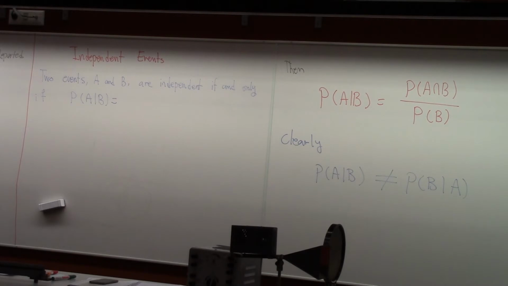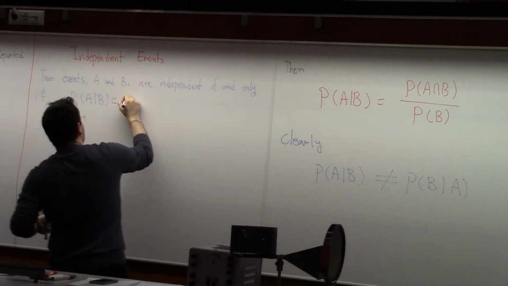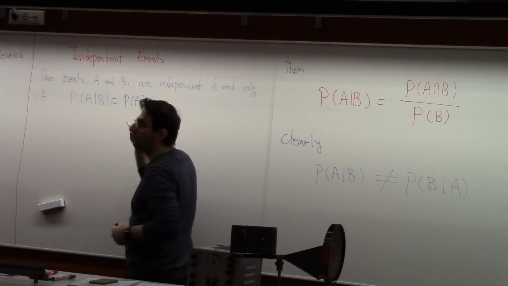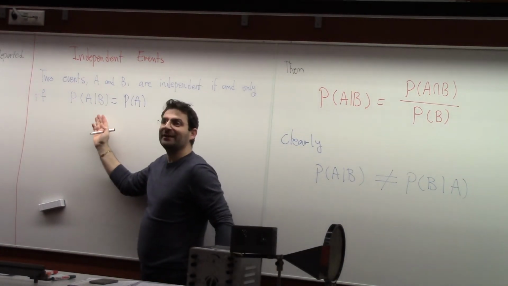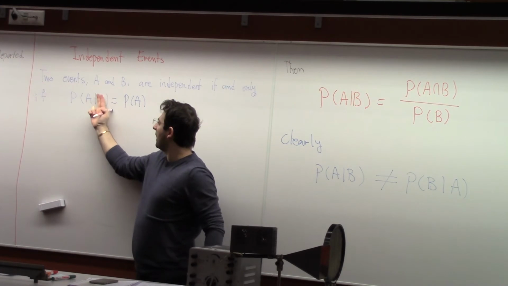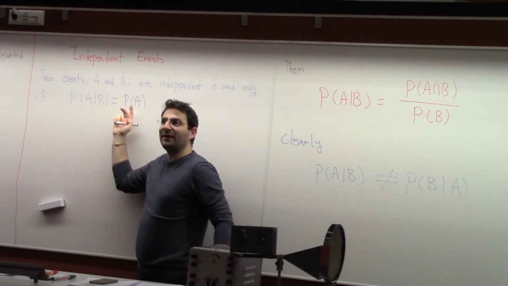No. So we don't care. The probability of blue given anything is the probability of blue itself. So this is equal to the probability of A, because A and B are independent. So this happens or not happen, it won't affect.